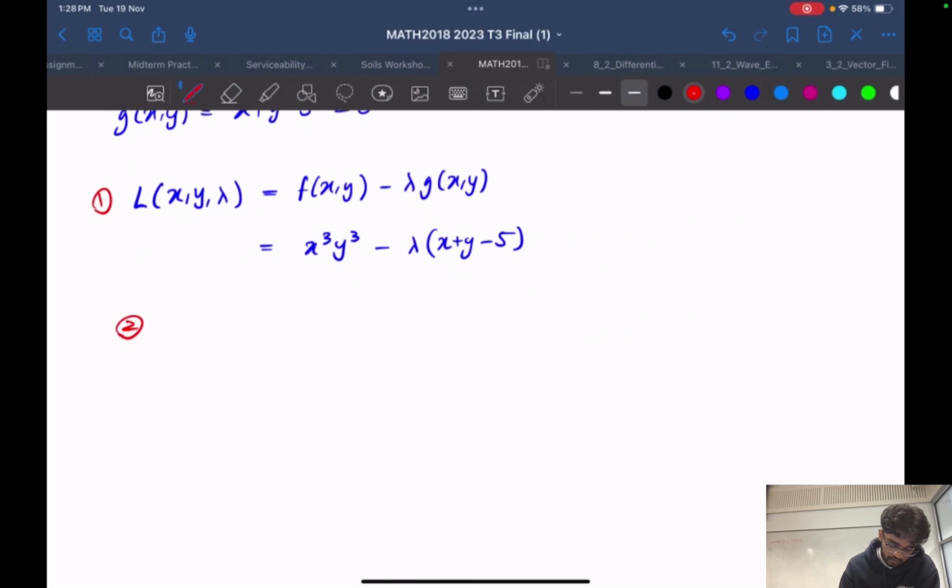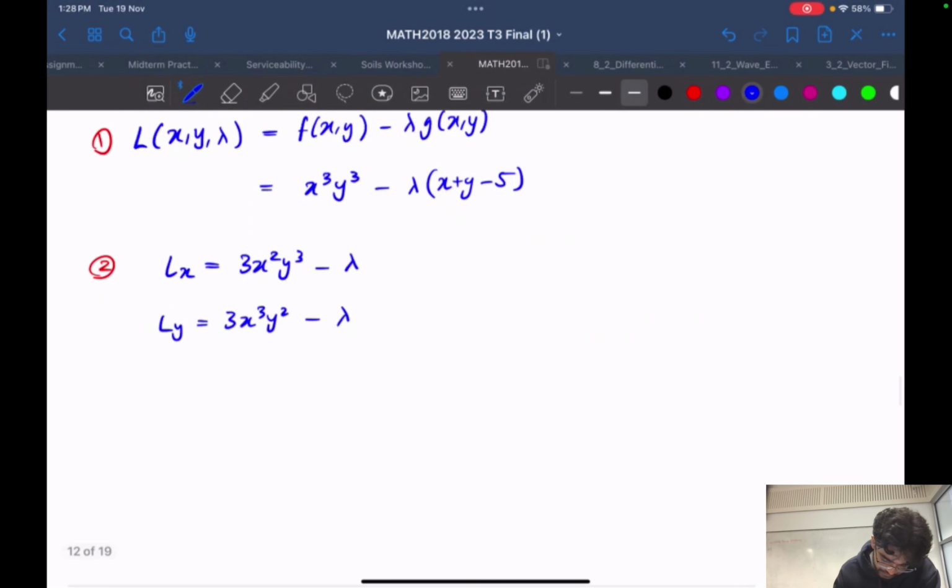Second step, you're going to have to differentiate with respect to x, y, and lambda, all 3 of them, so you have to do partial differentiation. So L x, the subscript notation, I'm using it again, you get 3x squared y cubed minus lambda. L y, you get 3x cubed y squared minus lambda.